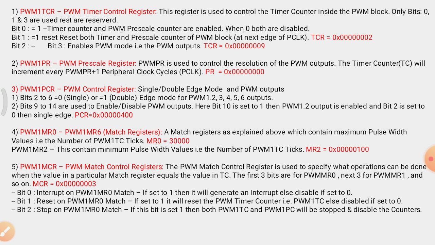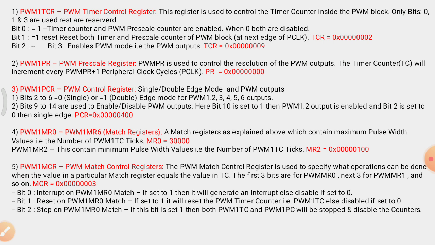Here we are making it 0. When we start this PR, the timer counter goes on incrementing by 1. TC will increment by plus 1 when we start this PR register. So first we are setting it to 0.